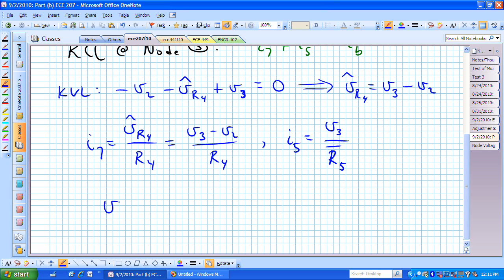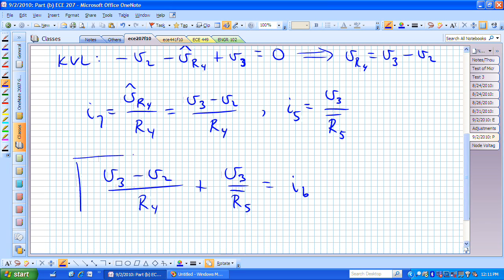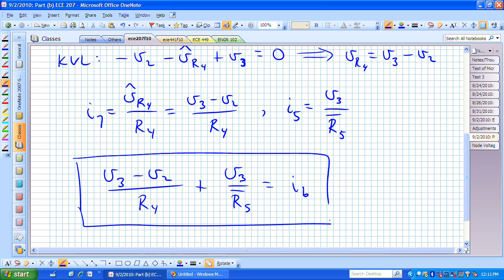We have I sub 7, which is v sub 3 minus v sub 2 over r sub 4, plus I sub 5, which is v sub 3 over r sub 5 bar, equaling I sub b. That's now our third equation that we were after.